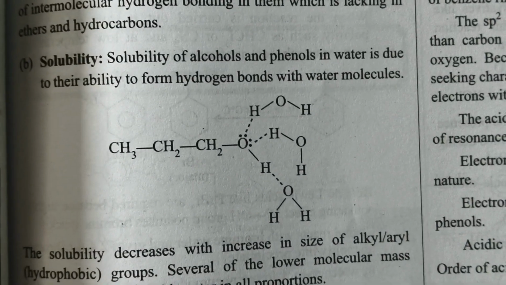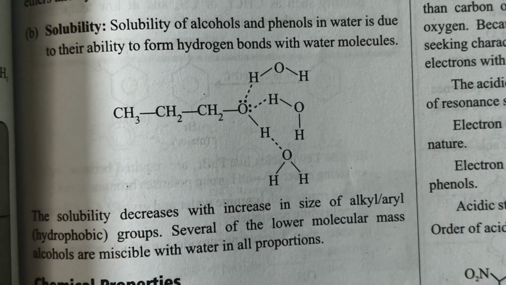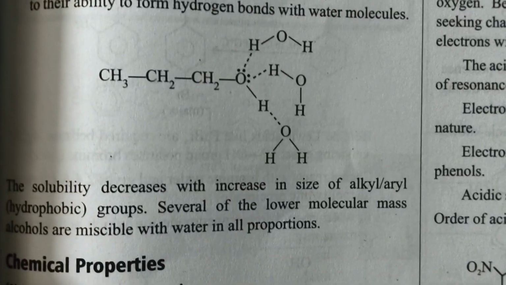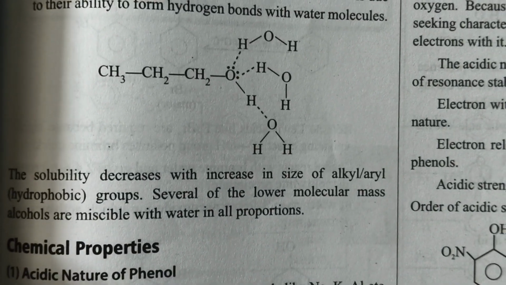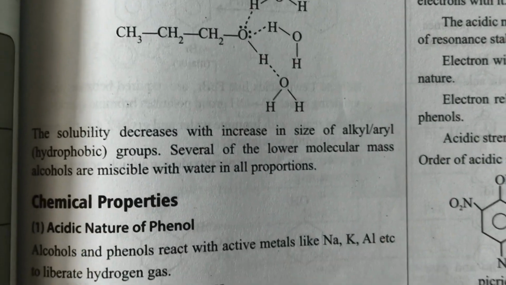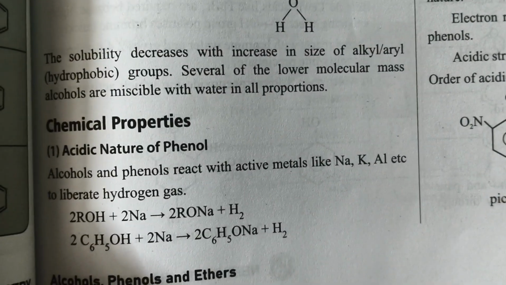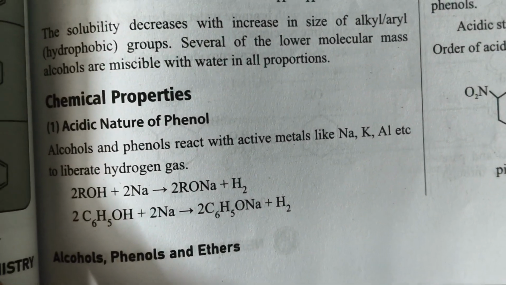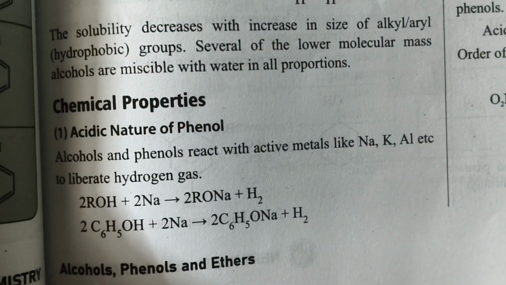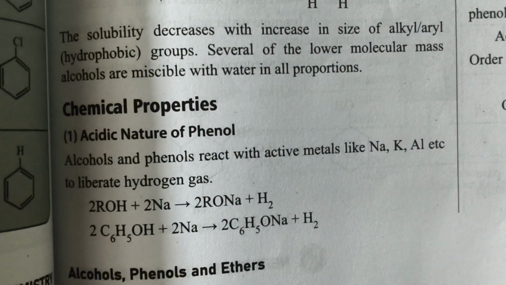Solubility of alcohols and phenols in water is due to their ability to form hydrogen bonds with water molecules. The solubility decreases with increase in size of alkyl or aryl groups. Several of the lower molecular mass alcohols are miscible with water in all proportions.